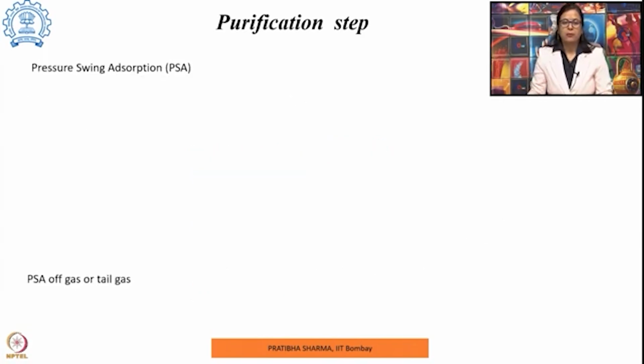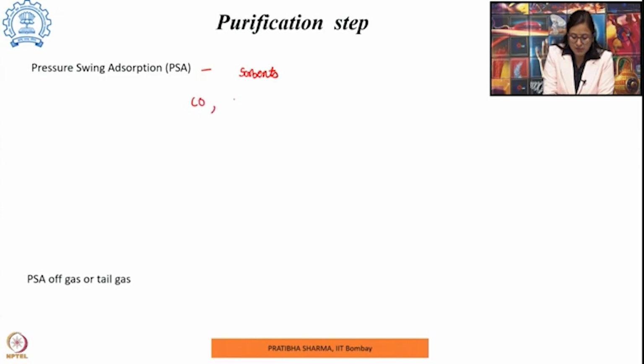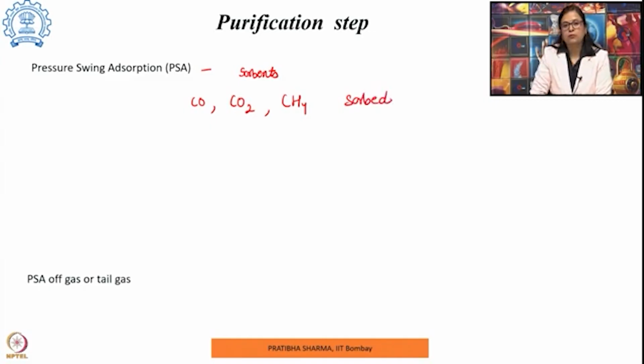If however pressure swing adsorption is used for purification, in that case various adsorbents can be used. So different adsorbents can be used, wherein on the surface of which the impurities like carbon monoxide, carbon dioxide, methane can get adsorbed so that we can remove all these impurities and we can get pure hydrogen as the product.